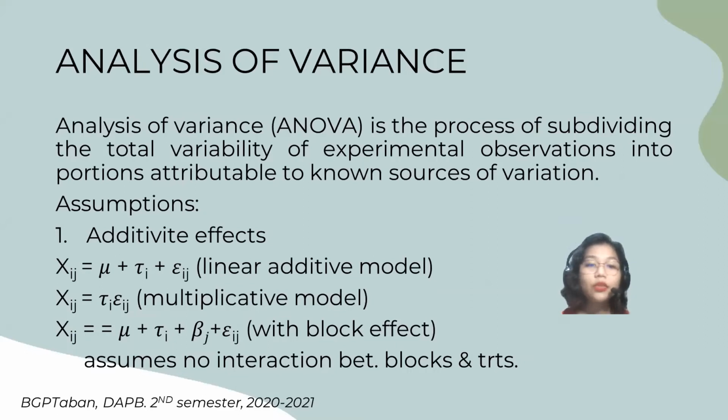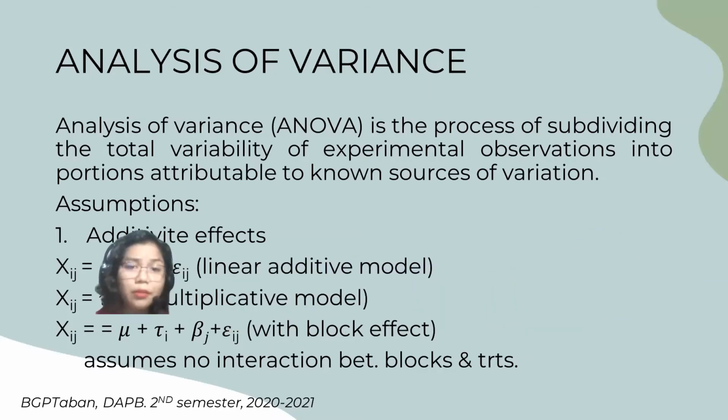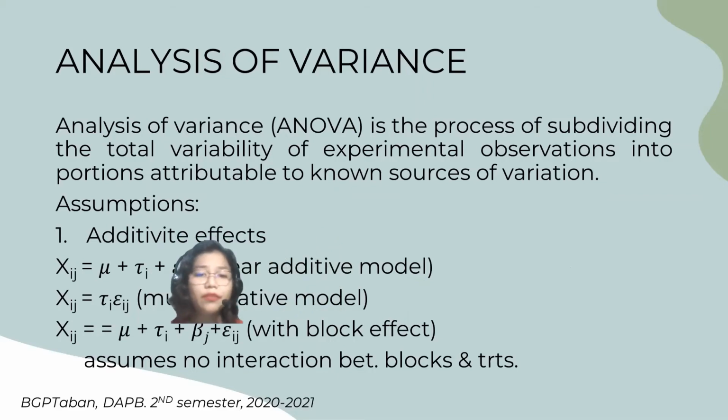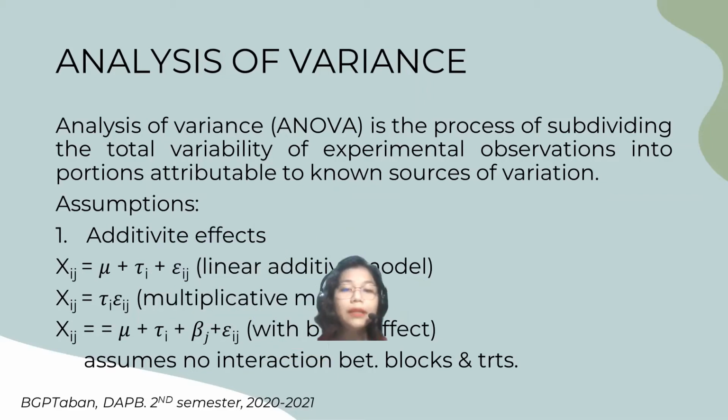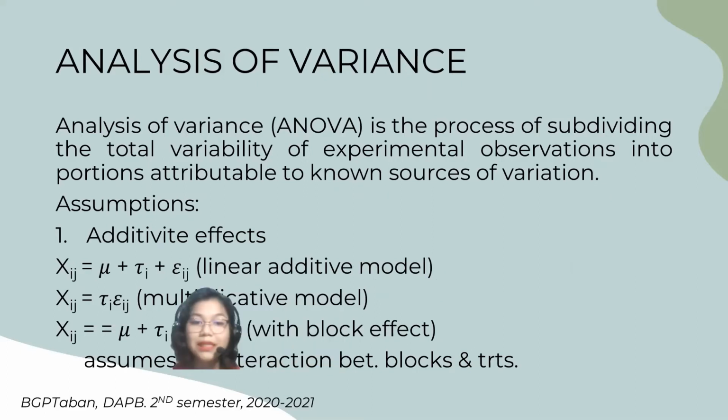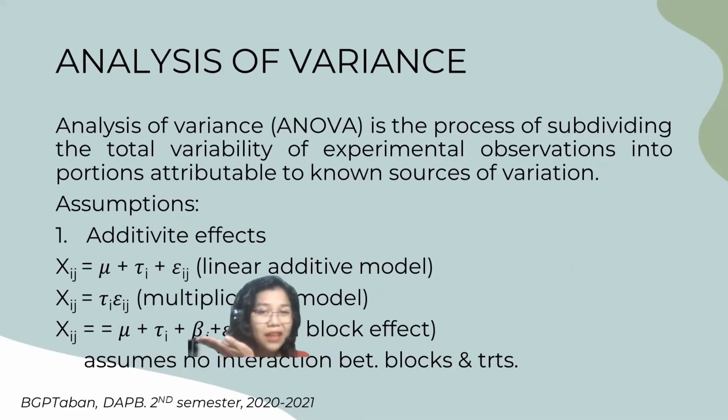So we are considering the linear additive model, multiplicative model, with block effect as to no interaction between blocks and treatments. So we have these different formulas or models here for linear, for multiplicative, and with block effect. Basically, we're using this for RCBD.